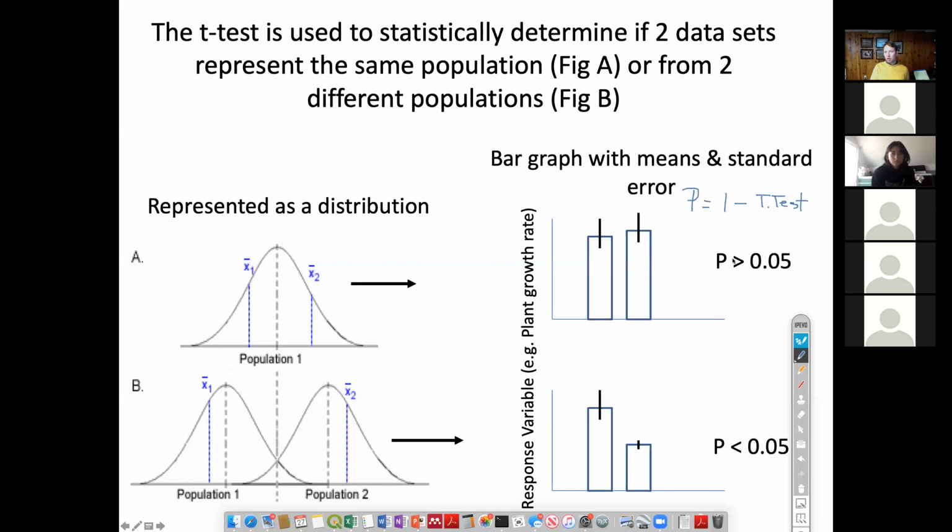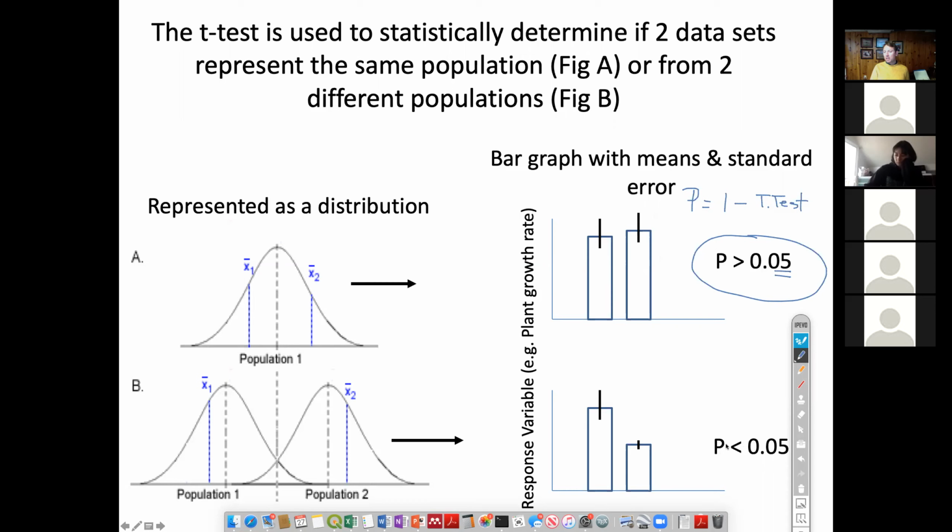So a p of 0.05 is really common. In the natural sciences, this is our cutoff value. Anytime p is greater than 0.05, we say these are probably the same population.